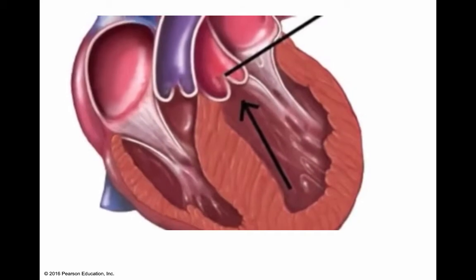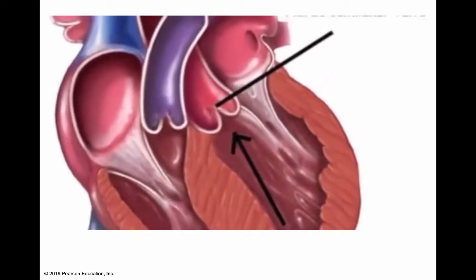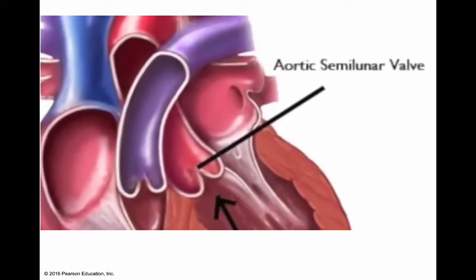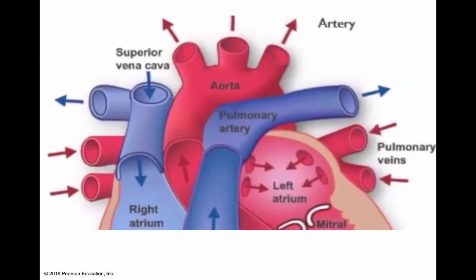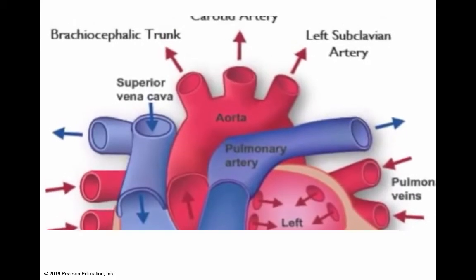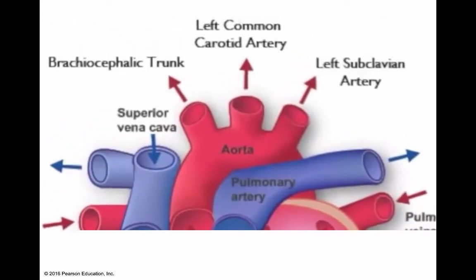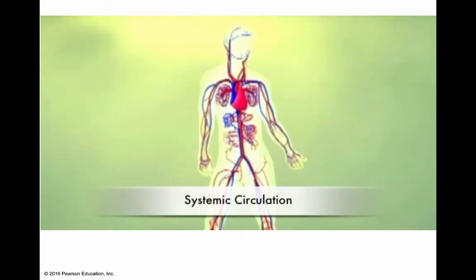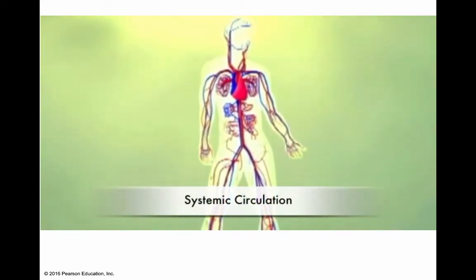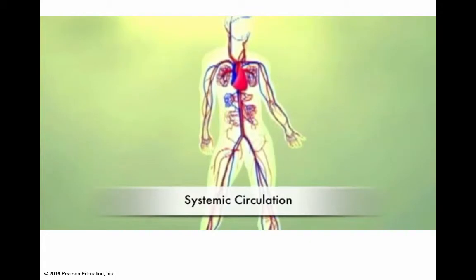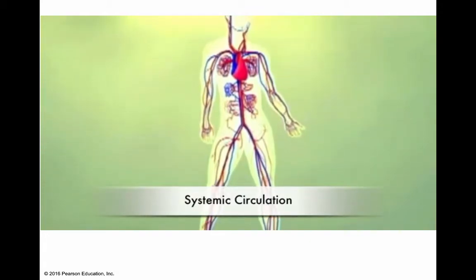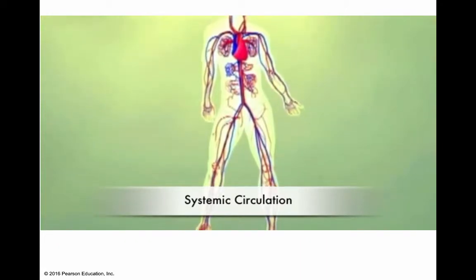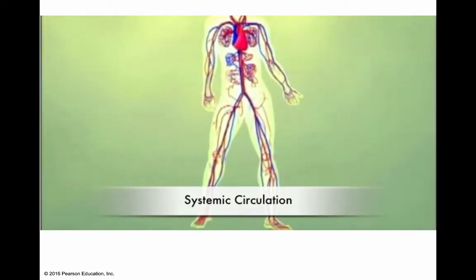Oh, you know, aortic semilunar. You close your valve so blood goes up and not backwards. Oh, the aortic arch is where it passes through and it flows out. No, that's when it goes to other organs and tissues. Heart, you're amazing. Systemic circulation.